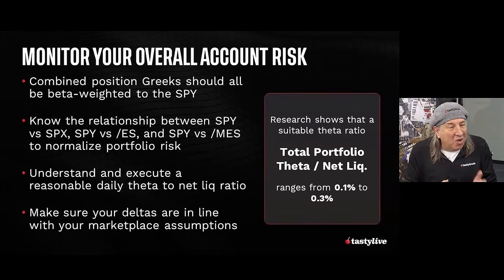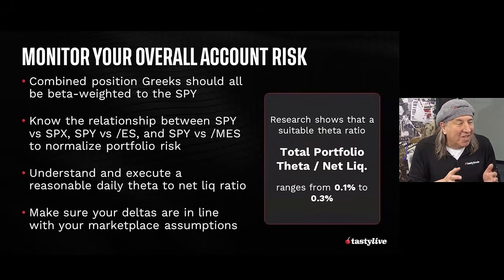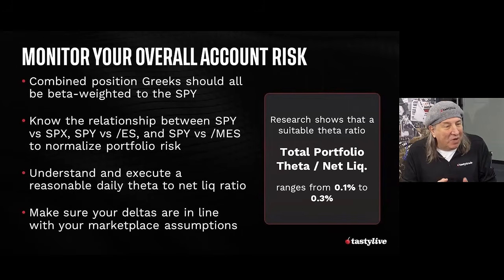But you need to know the relationship between the SPY and the SPX. The SPY is 1/10 the size of the SPX. You need to know the relationship between the SPY and ES. The ES is 1/2 the size of the SPX, so the ES is 1/5 the size. The ES is 5 times the size of SPY, and the MES is 1/10 the size of the ES.